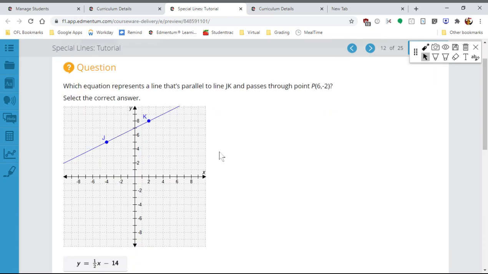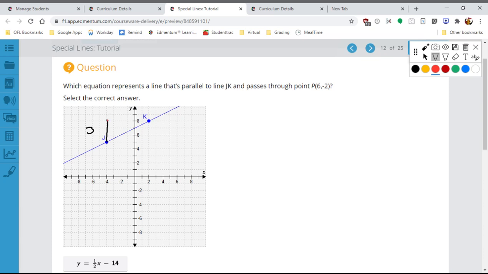Well, in order to find a line parallel, we're going to have to find the slope. So we're going to have to figure out the rise over run. So if I look here, I'm going to climb up 1, 2, 3, because I'm starting off at 5 and I go all the way to 8. So I'm going to climb 3.